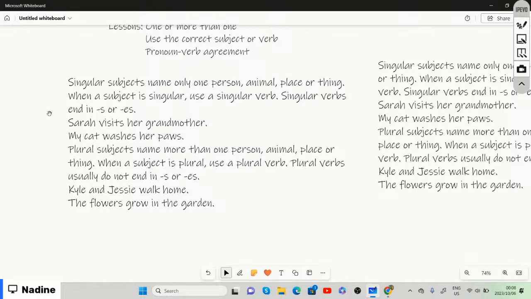And singular verbs end in S; we add the S, or we add the ES.